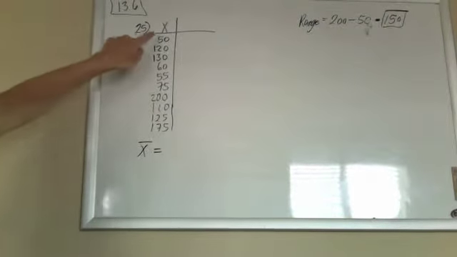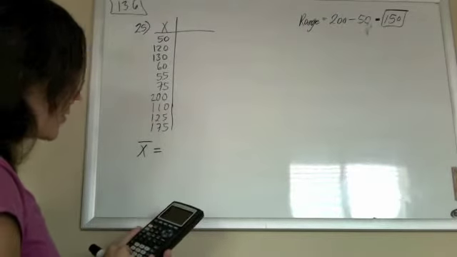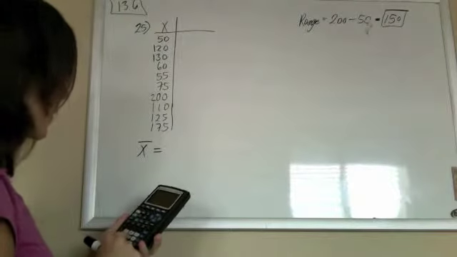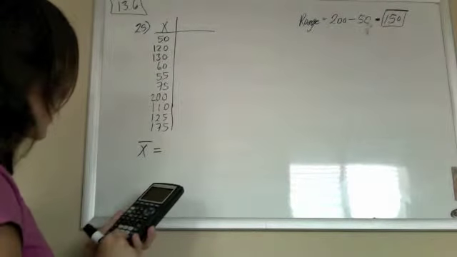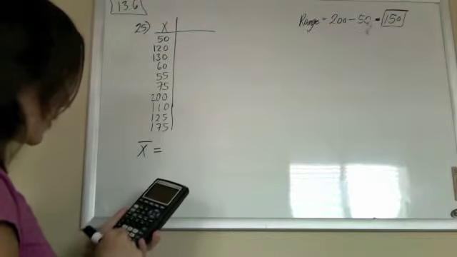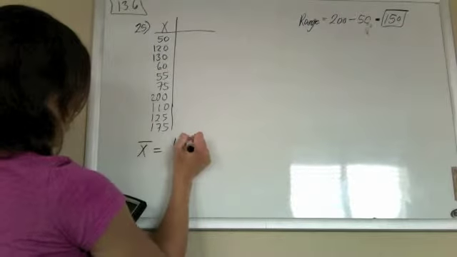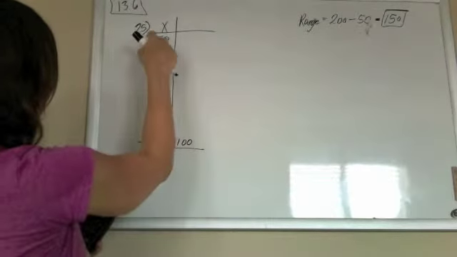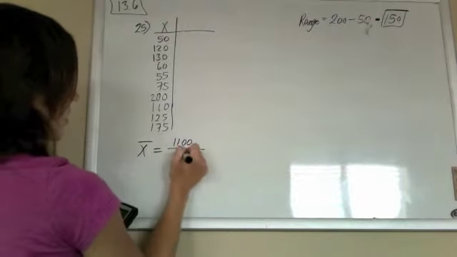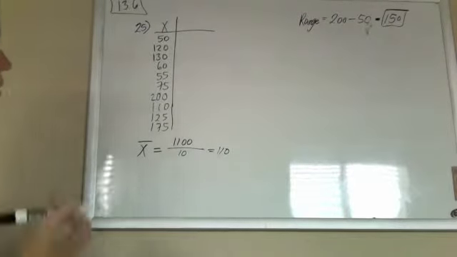So I'm just going to find the average, add them all up, divide by how many I have. So 50 plus 120 plus 130 plus 60 plus 55 plus 75 plus 200 plus 110 plus 125 plus 175 gives me 1,100. Divide that by 1, 2, 3, 4, 5, 6, 7, 8, 9, 10. So that gives me 110. So that's my mean, that's my average.